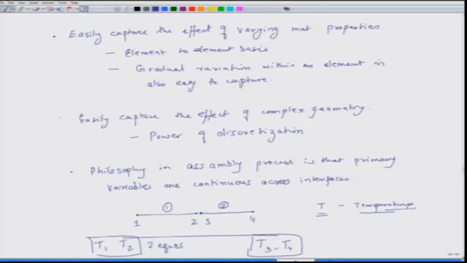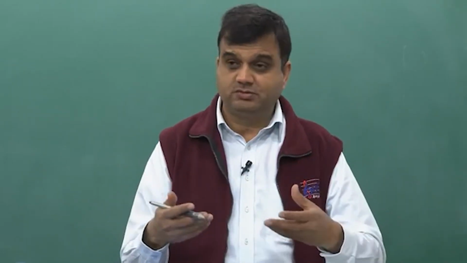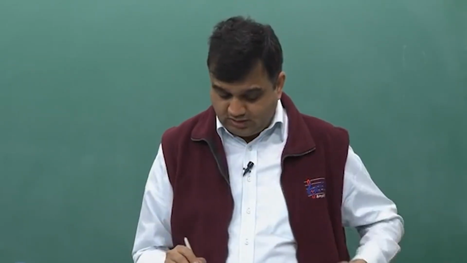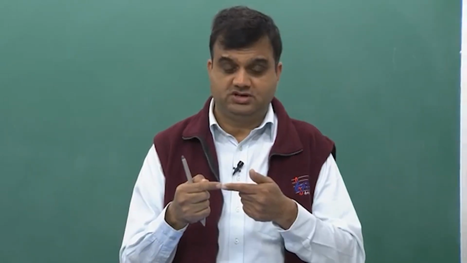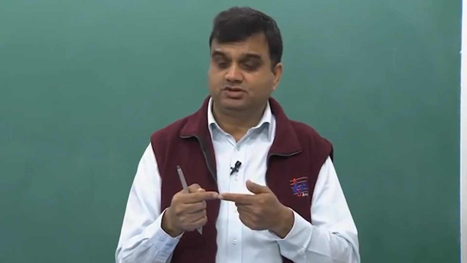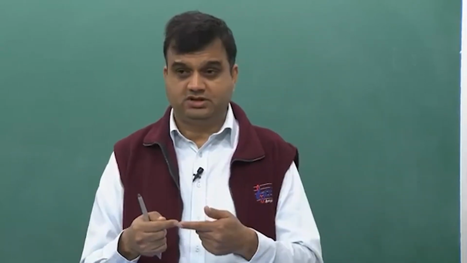Now, in the assembly process, what we do is that when we join these equations, and exact mathematics will be discussed later, we ensure that because nodes 2 and 3 are the same, physically at the same location, there is no reason to think that the temperature T2 will be different than temperature T3.